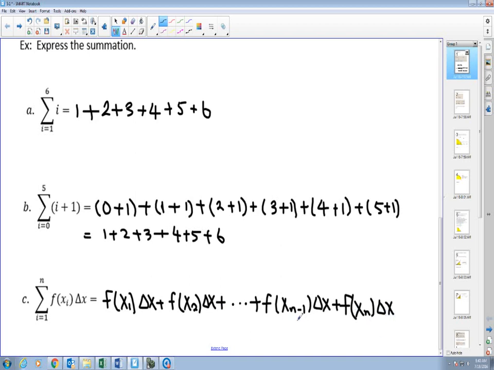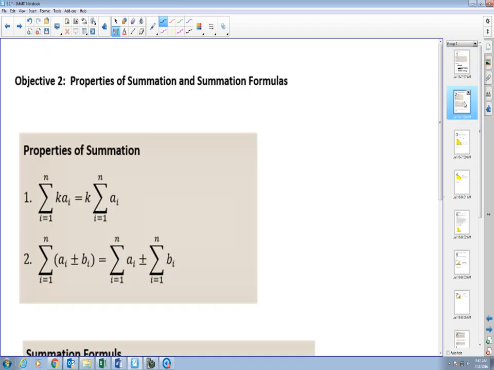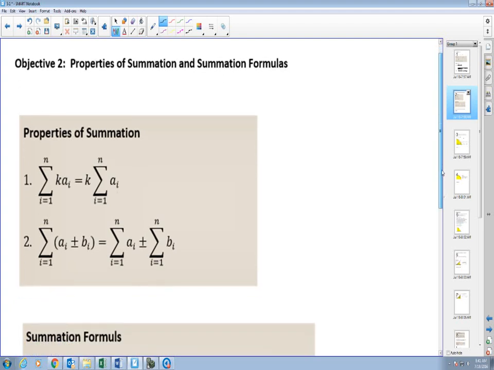So the one before, my notation will simply be minus 1. This is the way we write out a summation. We're not really going to write them all out for other problems, because we can actually formulate some of these summations. So let's take a look at a couple of properties in our summation formulas.